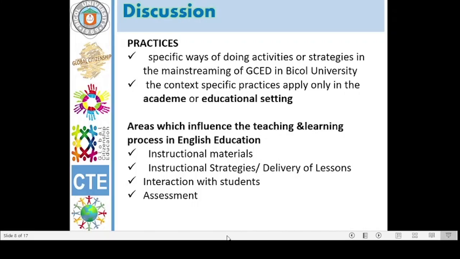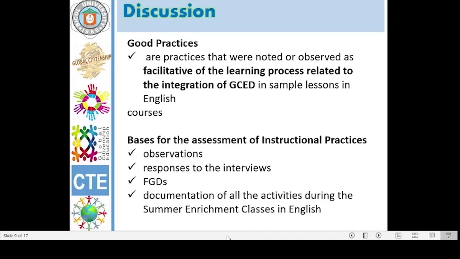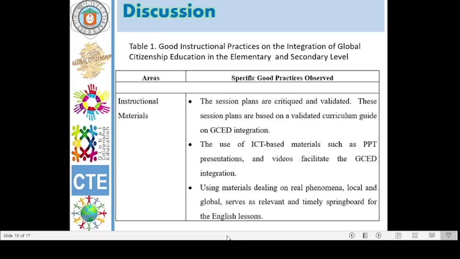The context-specific practices apply only to the academe or to the educational setting. Areas which influence the teaching and learning process in English education are instructional materials, instructional strategies or the delivery of the lesson, interaction with students, and assessment. Good practices in this study were noted or observed as facilitative of the learning process related to the integration of GCED in sample lessons in English courses.